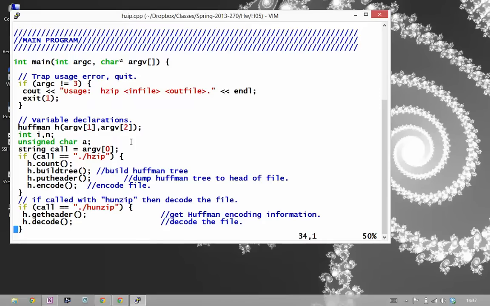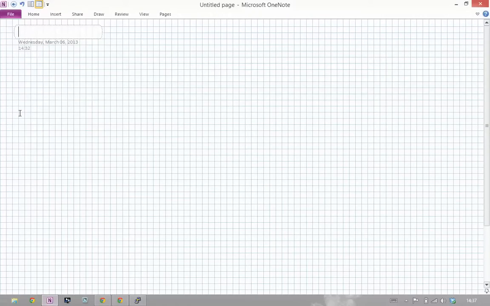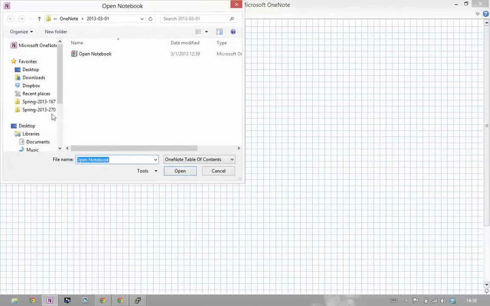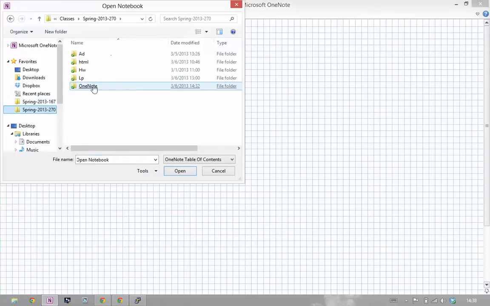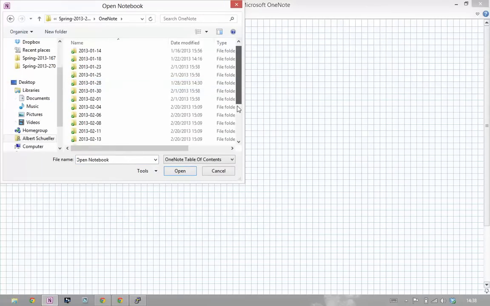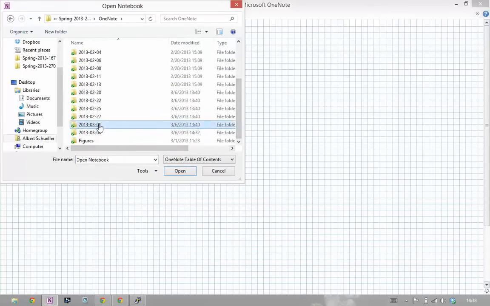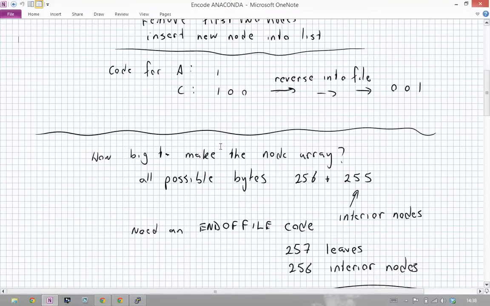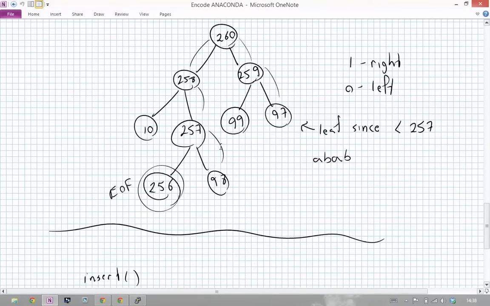So let me pull up, I wonder if I have an old Huffman tree. Okay, so there's an old Huffman tree.